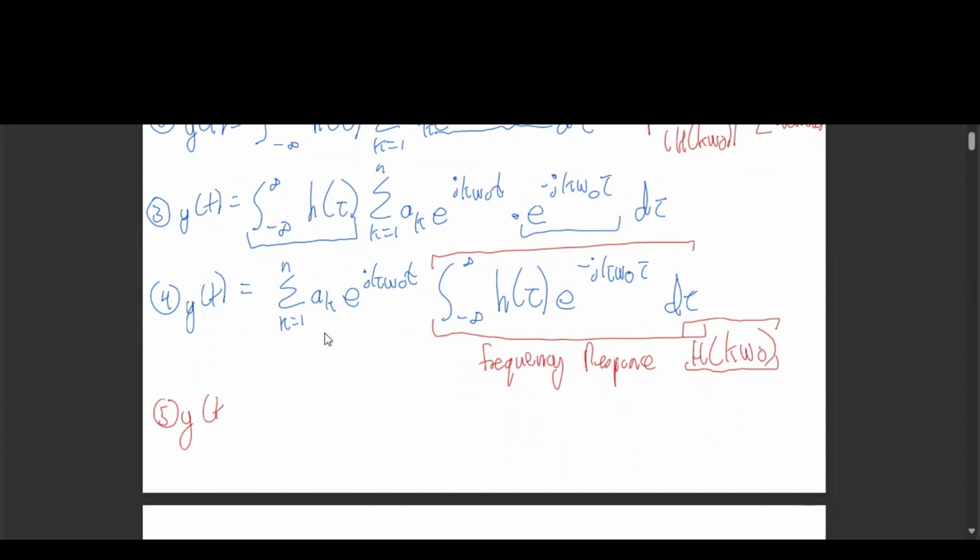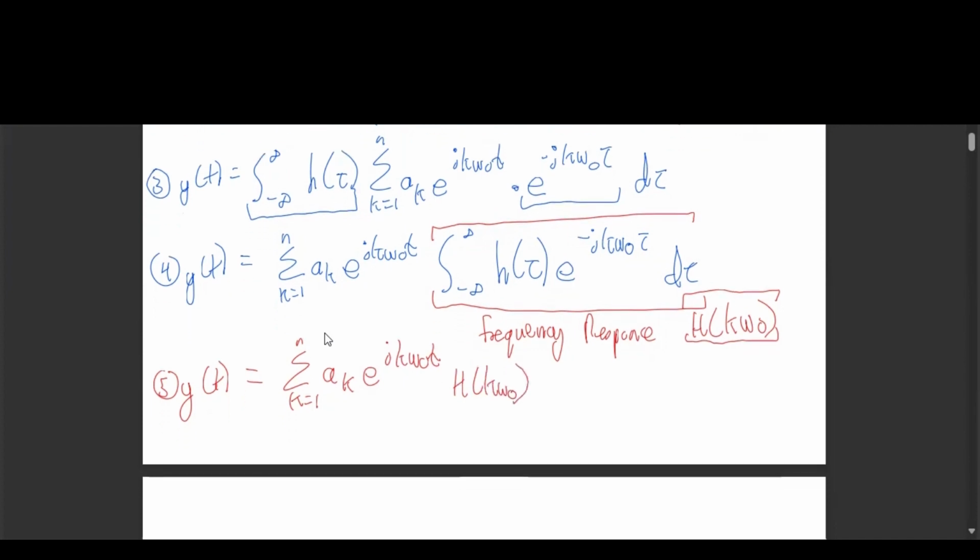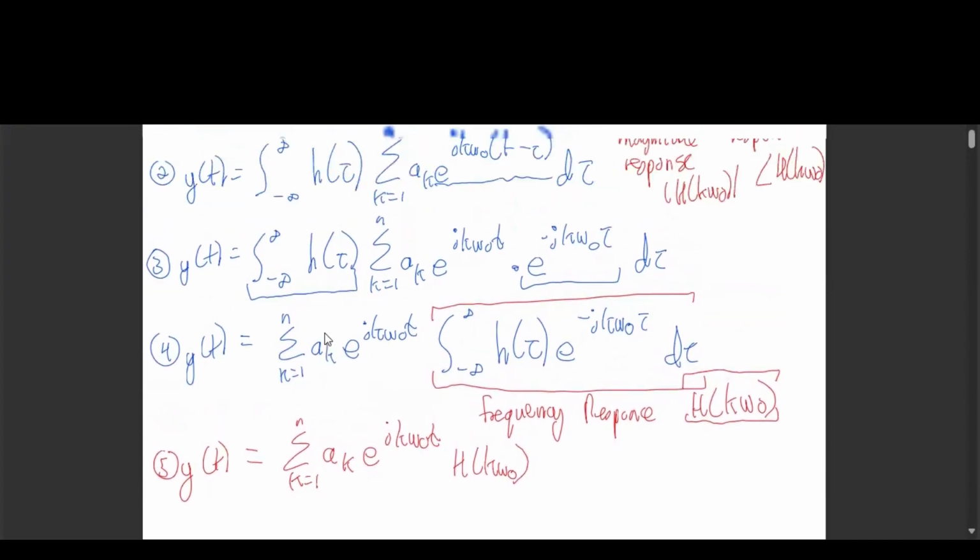So y at t will equal the sum k equals 1 to n of a k e to the j k omega naught t, and this whole thing here we can replace with H of k omega naught. Just like that, that'll be the final answer. So that'll be the expression for y at t with this input.